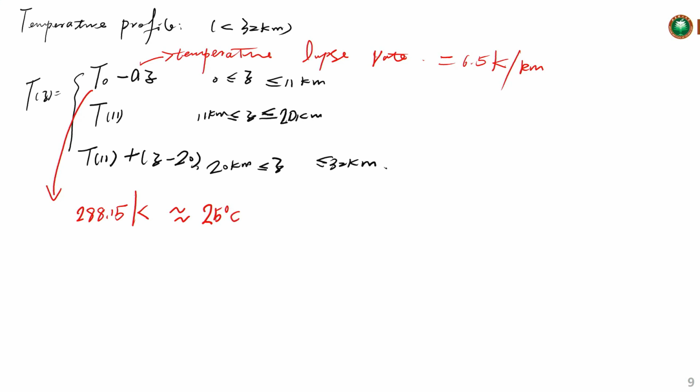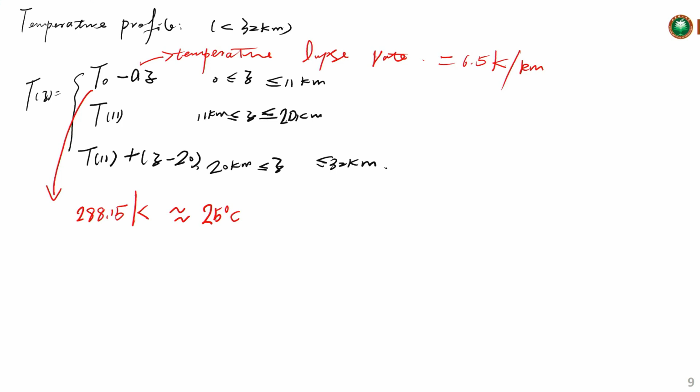So in our theoretical calculations, if we do not have specific requirements, we set the temperature at sea level to around 25 degrees centigrade. So this is the definition of the temperature profile.